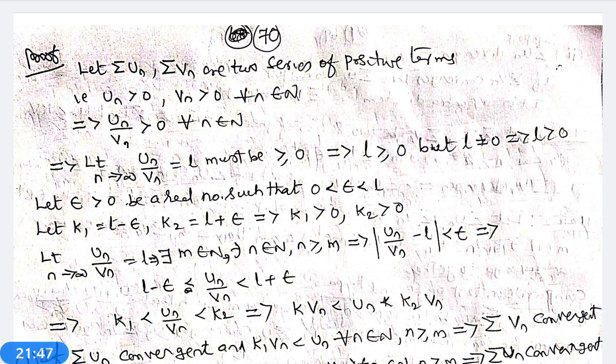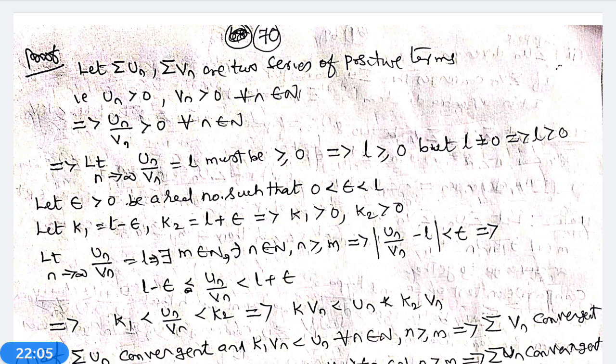Limit as n tends to infinity of un by vn is equal to L. Actually L may be greater than or equal to 0 for positive terms, but by hypothesis L cannot equal 0, so L is greater than 0.